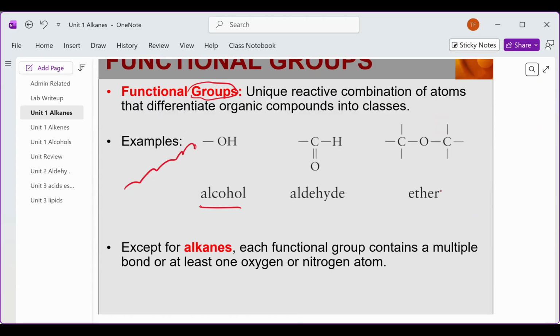And here is an aldehyde with some carbons hanging off of that. This OH is different than that OH. And this carbon and oxygen is different yet. So these three compounds react very differently because of the functional group. If the functional group is different, the reactions are different.